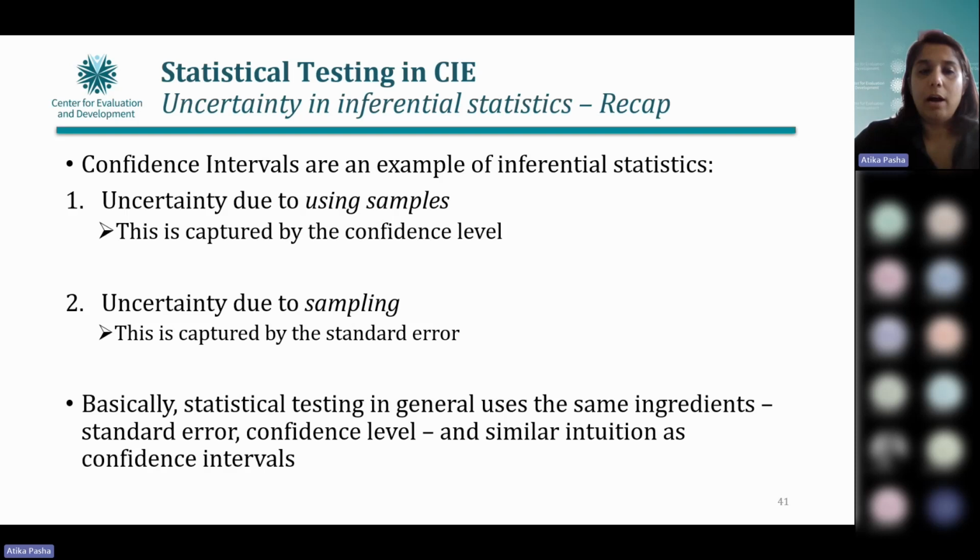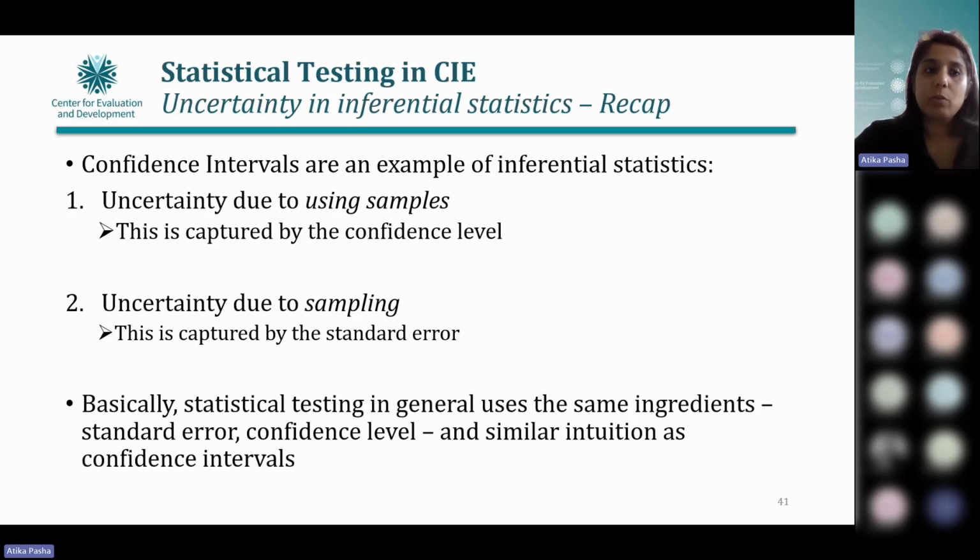So how did we do this? The first uncertainty was captured by the confidence level. So we were talking about 3 confidence levels, 90, 95, and 99, and statistically you can find where these values lie also online. In our particular case, for the 95% confidence interval, we were looking at 1.96, right?